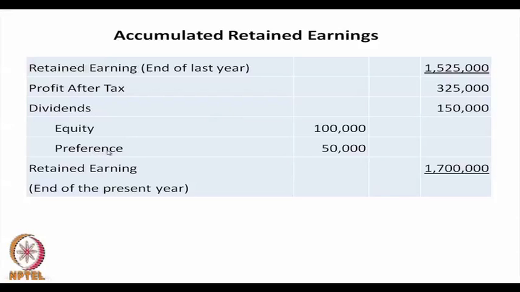Recall that it has to pay the preference dividends first. Let us say that this amounts to 50,000 rupees, and the equity holders, the common stock holders, let us say that they get 100,000 rupees. Therefore, the total dividends could be 150,000 rupees.